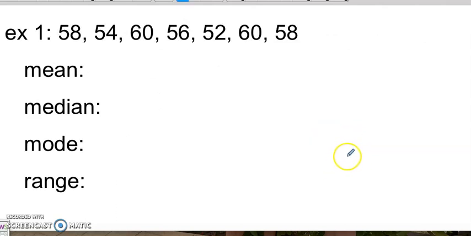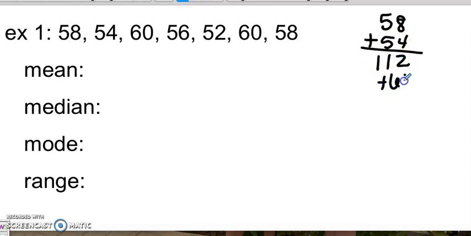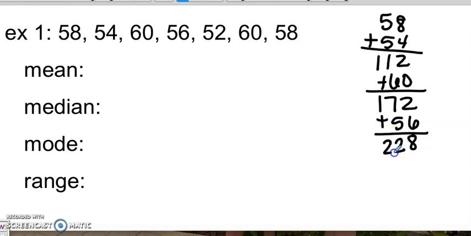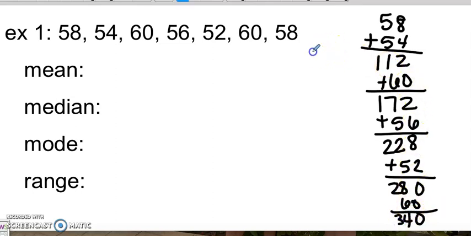For example 1, here's my set of data. To find the mean, I take all of these numbers and I add them together. $398.